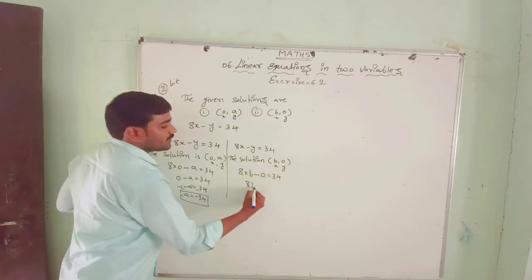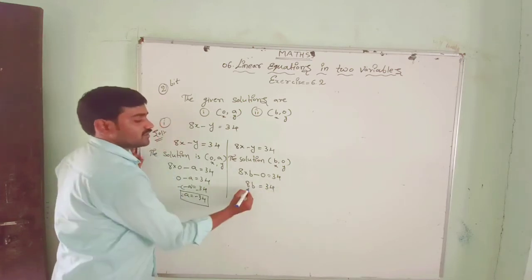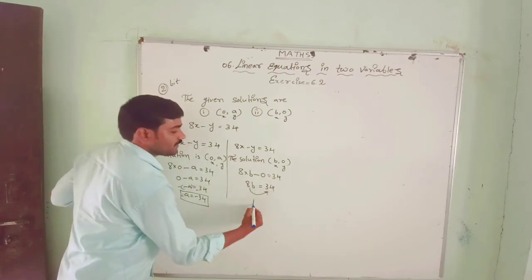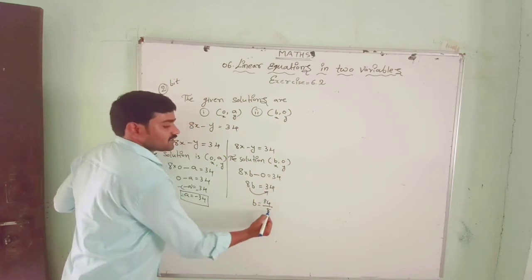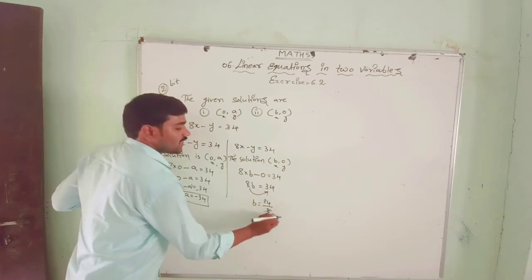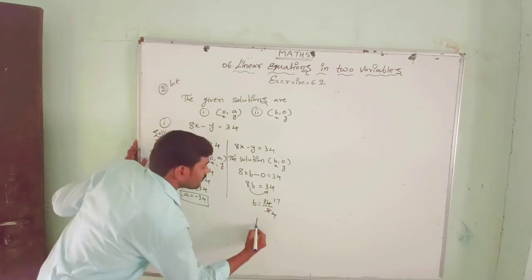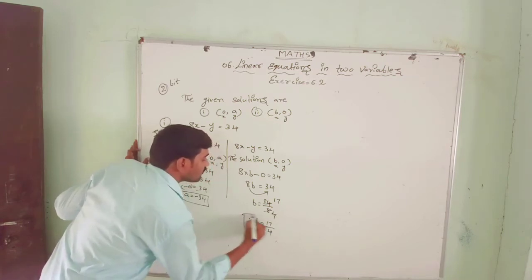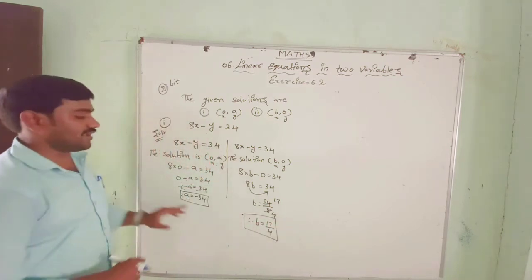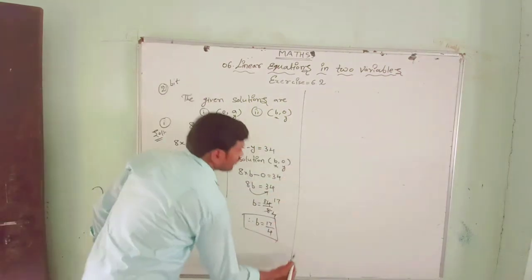So 8 into b, 8b, 0 we leave it, equal to 34. This 8 we transfer this side, then b equal to 34 by 8. In the 2 table, 2 4s are 8, 2 17s are 34. Then b equal to 17 by 4. A value is minus 34 and b value is 17 by 4.